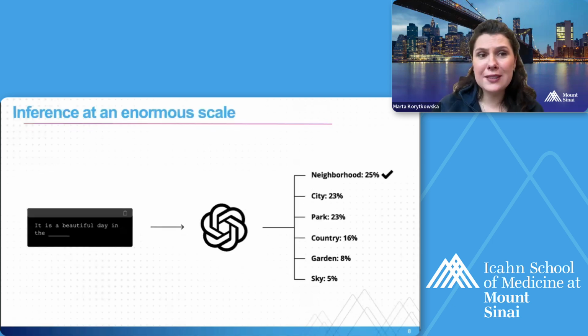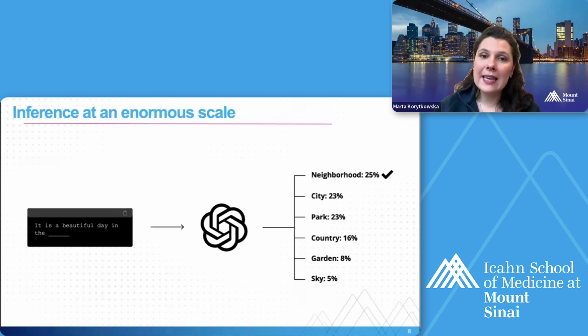In order to fully understand the process of prompt engineering and the output that is created through our prompt engineering, we have to think about this as inference at an enormous scale. So take the sentence, "It is a beautiful day in the," and put that through a model. The model is going to guesstimate what the next most probable word will be.